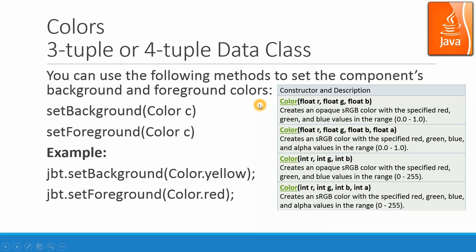And you can use the 3-tuple constructor or the 4-tuple constructor, where A is for the alpha channel for transparency. And when you have a color, you can set a background for a certain container or component in your GUI environment. And you can also set a foreground, and foreground usually is the text or some labels.